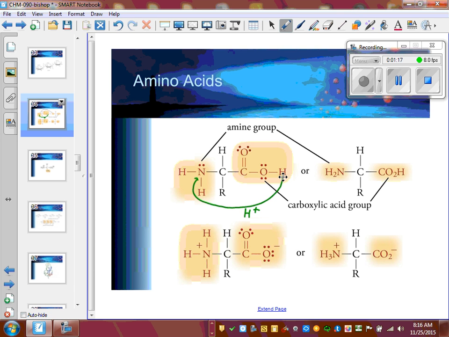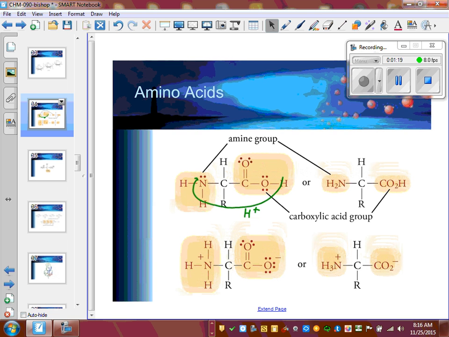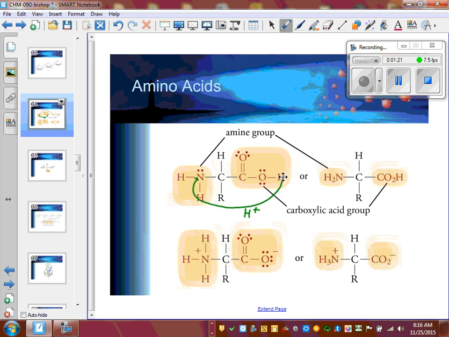Special name for this. This is called a zwitterion. So depending on the pH of the solution, you can either make this positive, negative, or neutral, and also what the R group is.